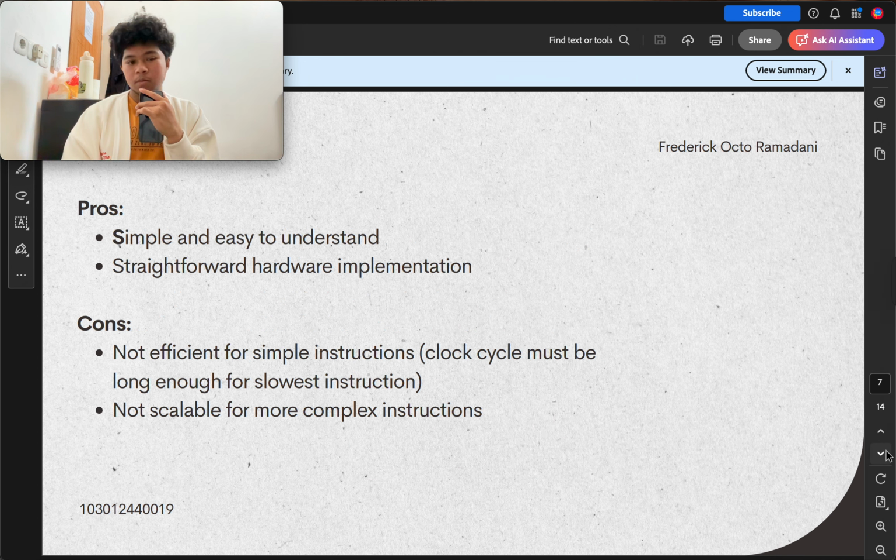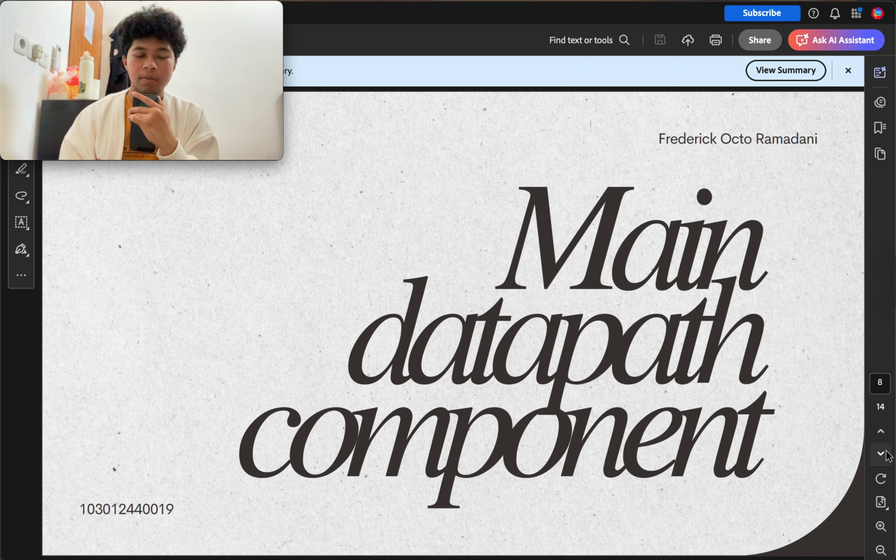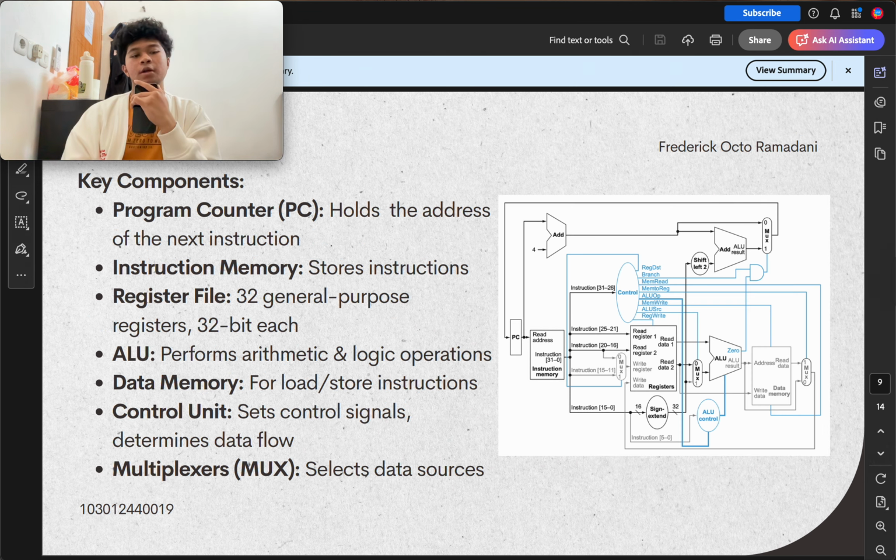Let's talk about main data path components. Now let's have a look at the main components of the MIPS single cycle data path. First, we have the PC or program counter, which holds the address of the next instruction, and instruction memory stores program instructions.